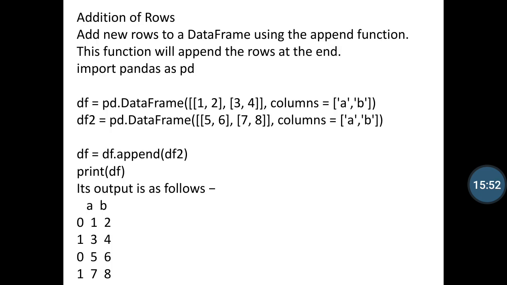Next, the addition operation on rows: add a new row to a data frame using the append function. This function will append the row at the end of the values.